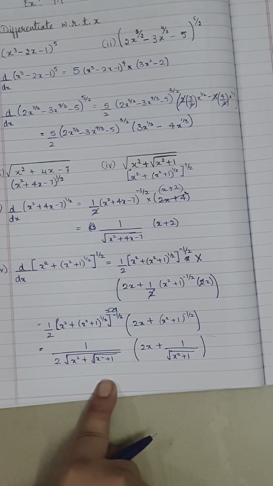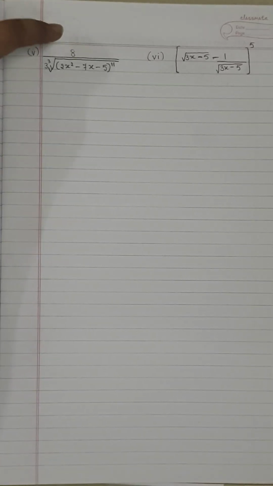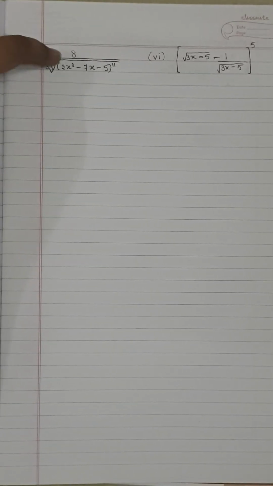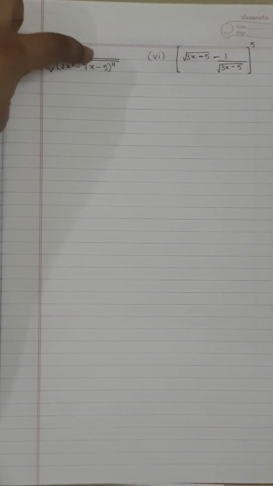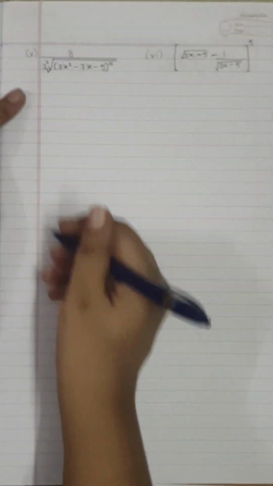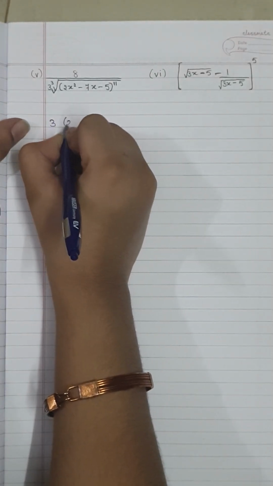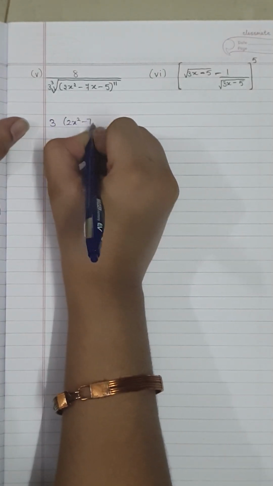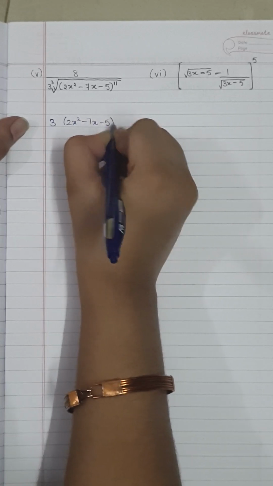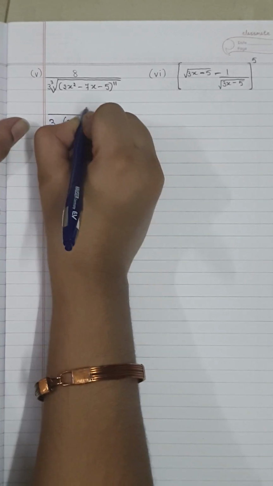Moving on to the fifth sub question. So here we have the fifth sub question. In this you have 8 upon 3 cube root of 2x square minus 7x minus 5 to the power 11. So you can write this as 3 into 2x square minus 7x minus 5 the whole to the power 11 by 3, and the numerator will be 8.